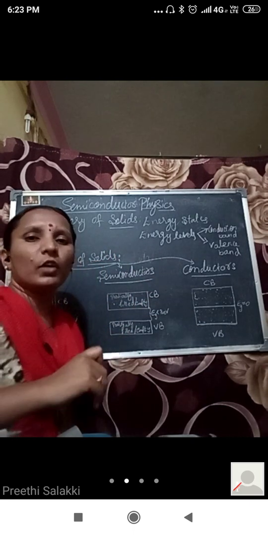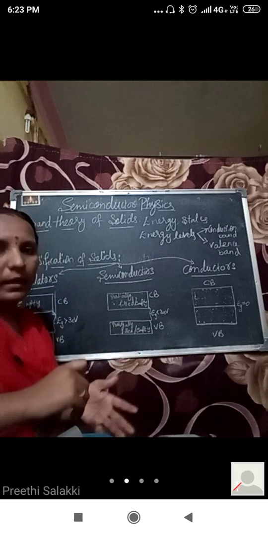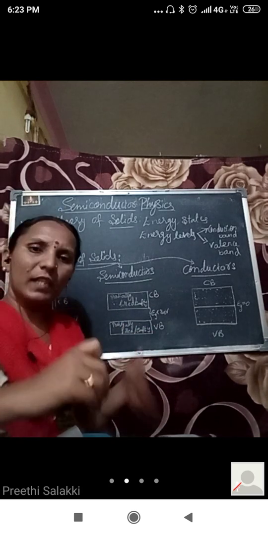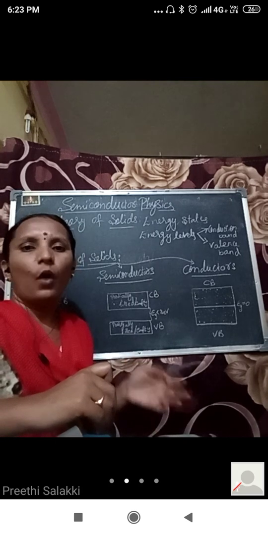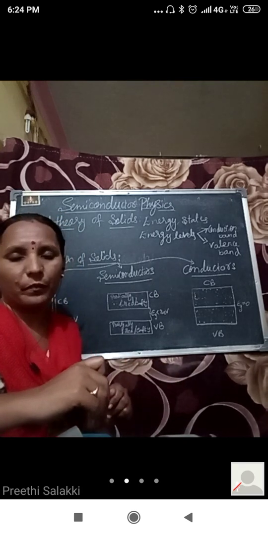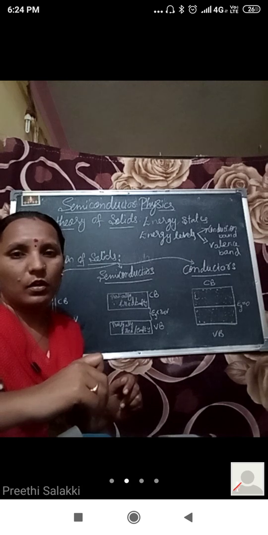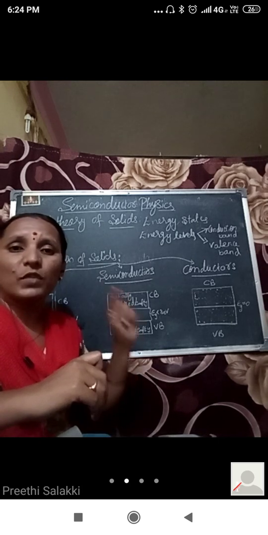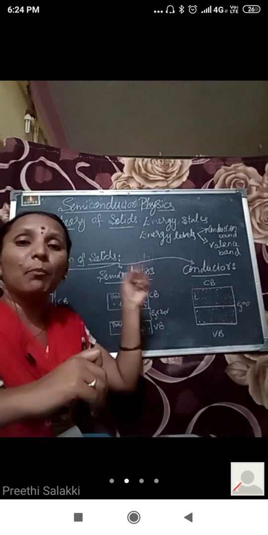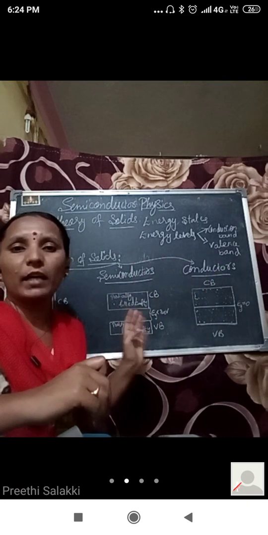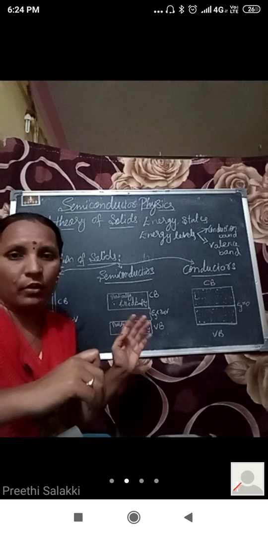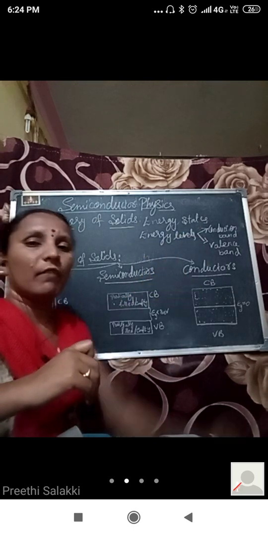The next is the valence band. What is the valence band? The valence band is also an energy band in which valence electrons are present. The electrons present in the conduction band participate in conductivity. Remember well enough. So this was the definition of the conduction band and the valence band.